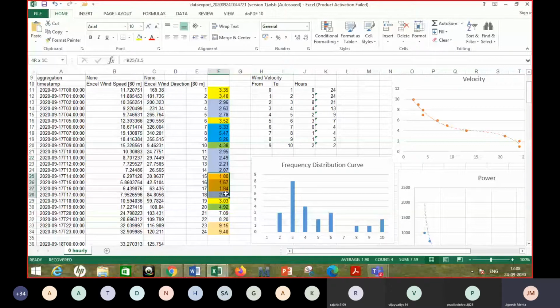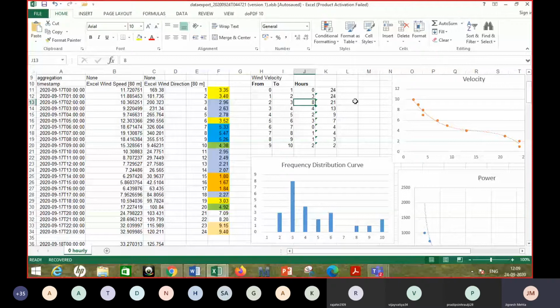Okay, so here I have put the data. So 0 to 1 is 0 hours, then 1 to 2 is 3 hours. Then 2 to 3, that is this sky blue color, is 8. Then 3 to 4 is 4, 4 to 5 is 2, 3, and so on.